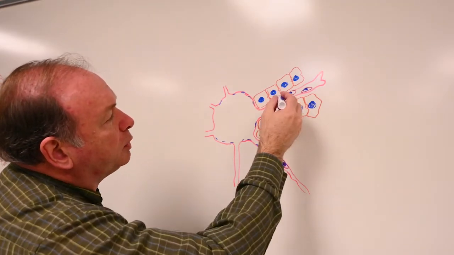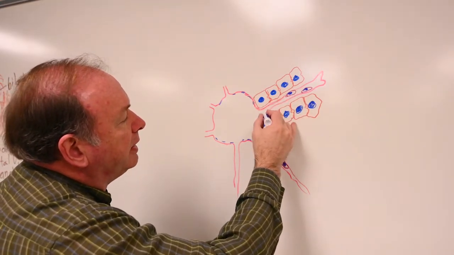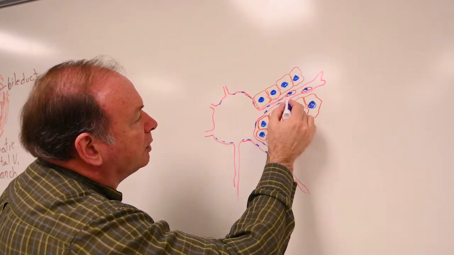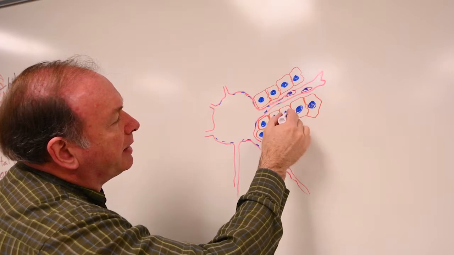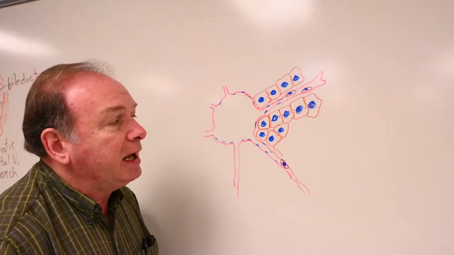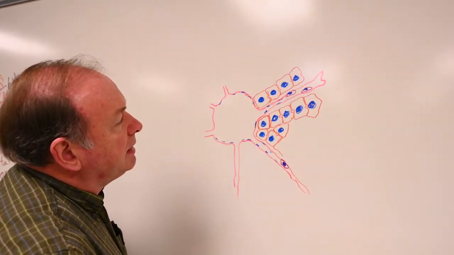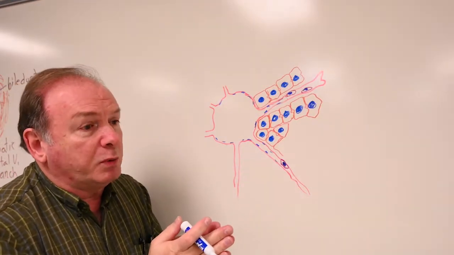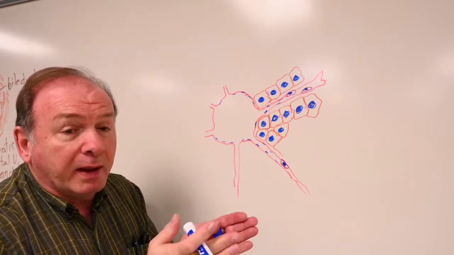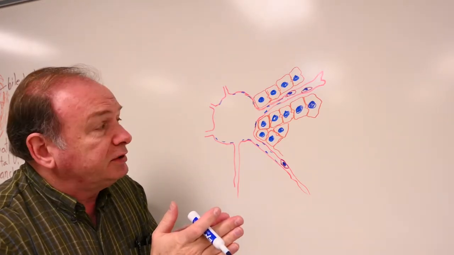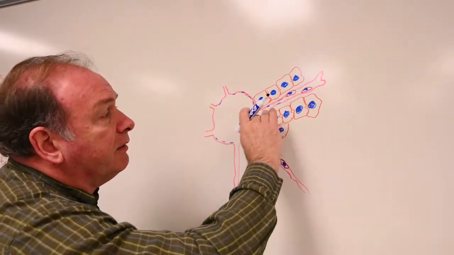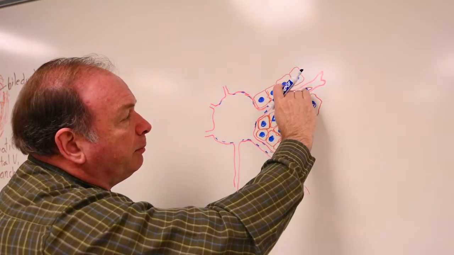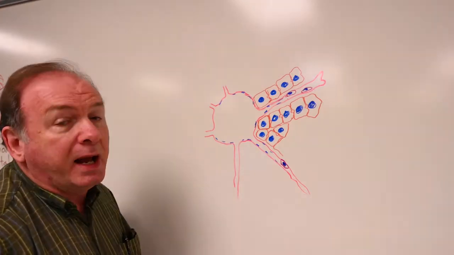Now there's a gap between the endothelial cells of the sinusoids and the hepatocytes out here, known as the space of Disse. So these sinusoids are discontinuous capillaries. That means that they don't seal the fluids inside of that sinusoid space, but fluids can leak through into that gap between the sinusoid and the hepatocyte.